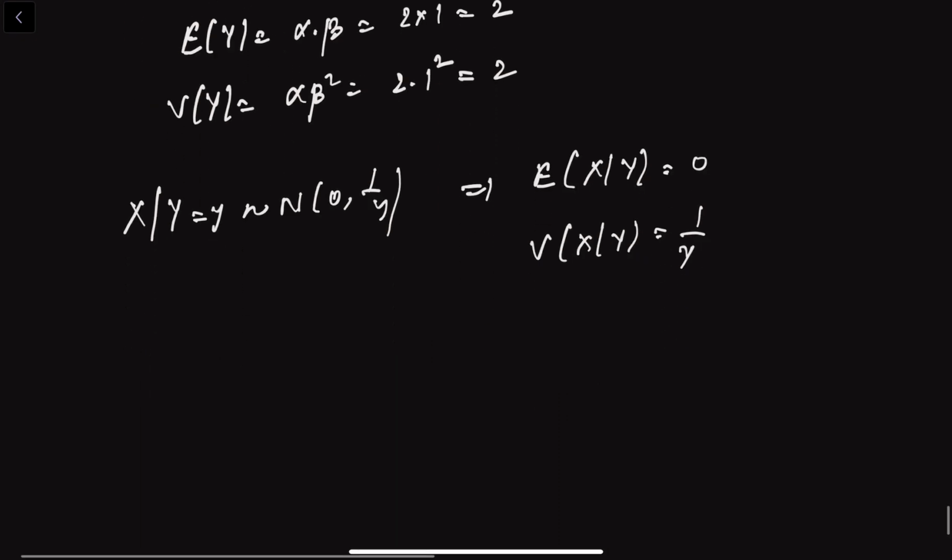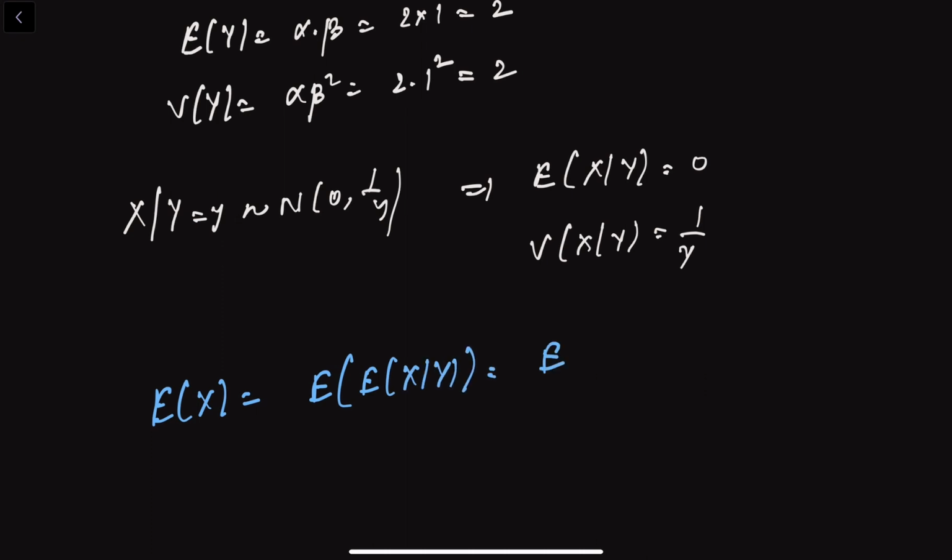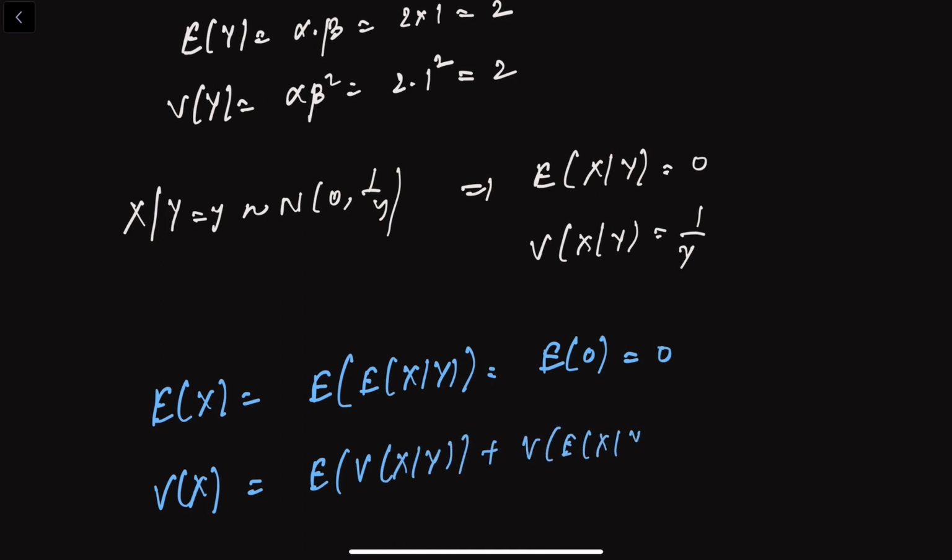Now we can use the tower property of conditional expectation. So the expectation of x is the expectation of the expectation of x given y, which is the expectation of 0, which is 0. And using the law of total variance, we can write variance of x as expectation of variance of x given y plus variance of expectation of x given y.